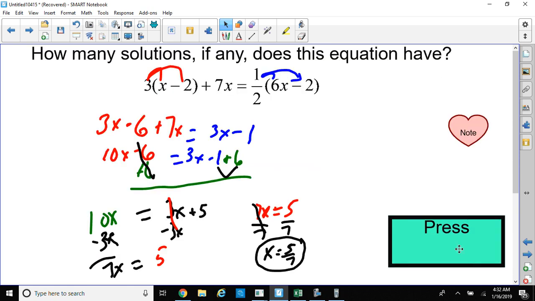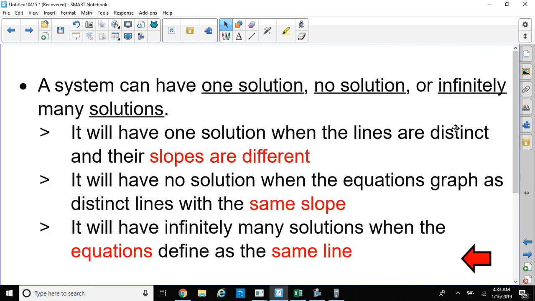They are absolutely distinct because here our equation was 10x, the slopes are different, 10, and this was 3. The slope was 10, the slope was 3 over here. Our y-intercepts were different, was -6 and -1. So the slopes and the y-intercepts were different, so they were definitely distinct and different. So this will have one solution. Okay?